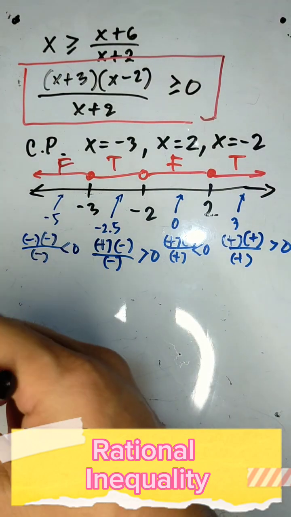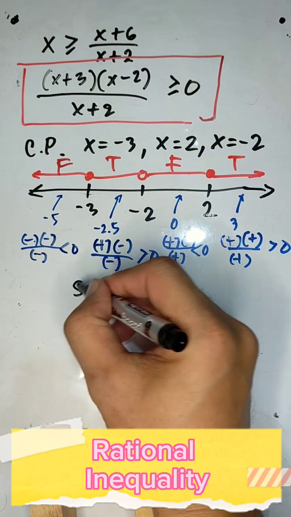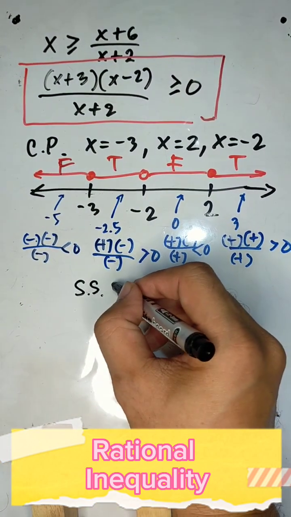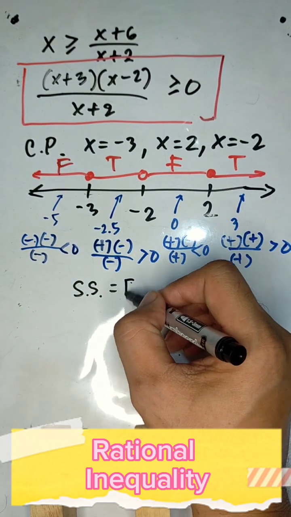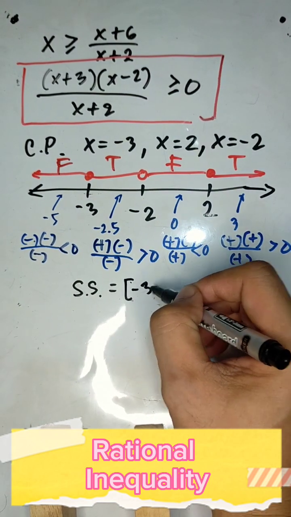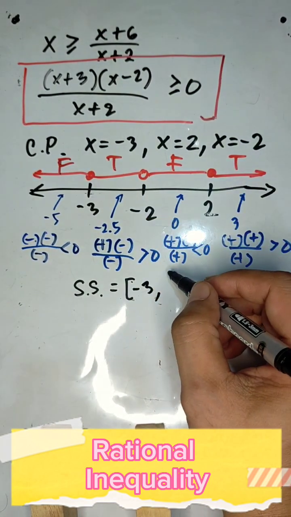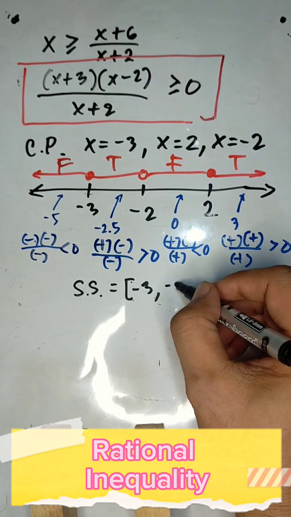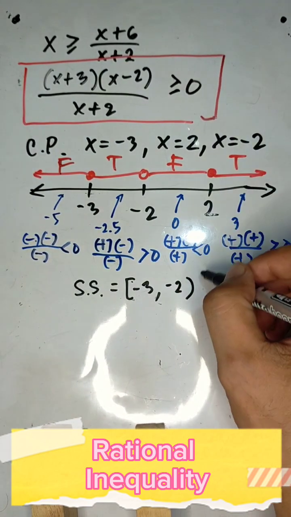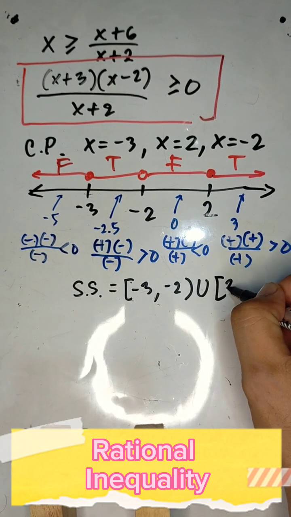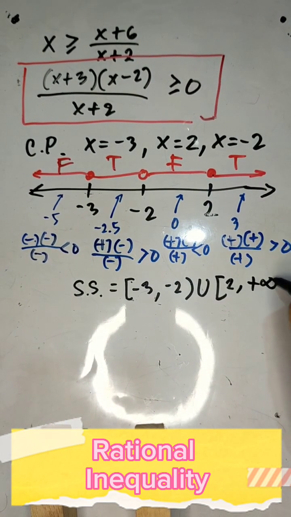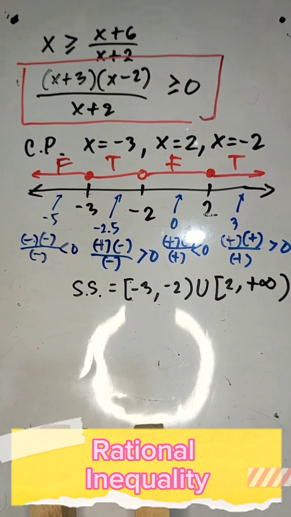Okay, so the solution set now is the intervals that are closed, that's included, negative 3, then open at negative 2, union, from 2 to positive infinity. All right.